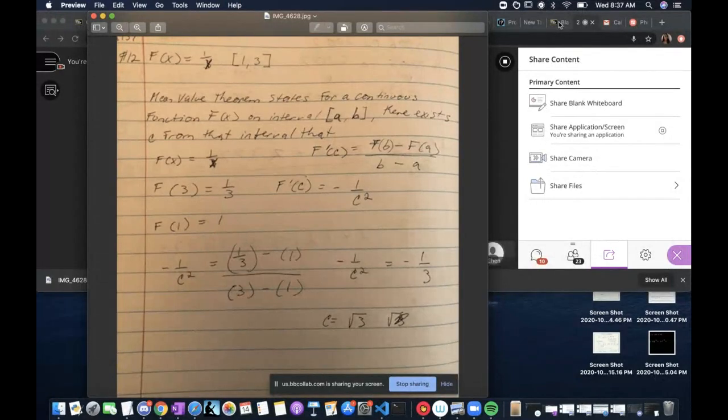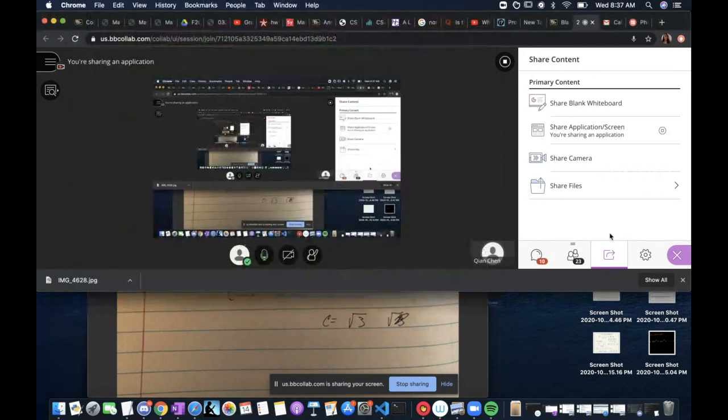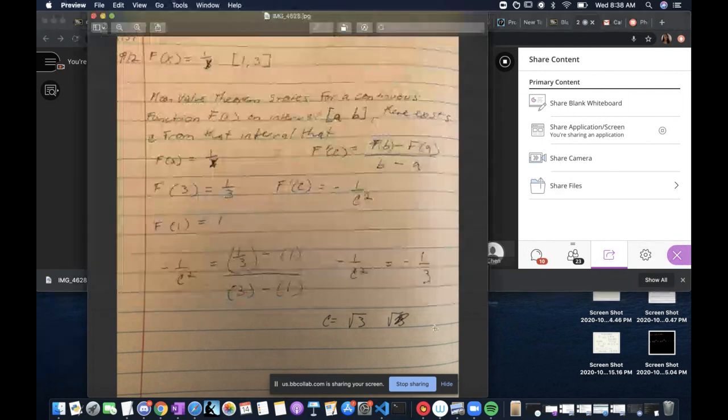No, I don't think you know what you're talking about. I won't be able to give you credit for this. Okay. Right. So let me explain for you. You have negative 1 over c squared equals negative 1 over 3. But first, let's go back. The function equals 1 over x, right?